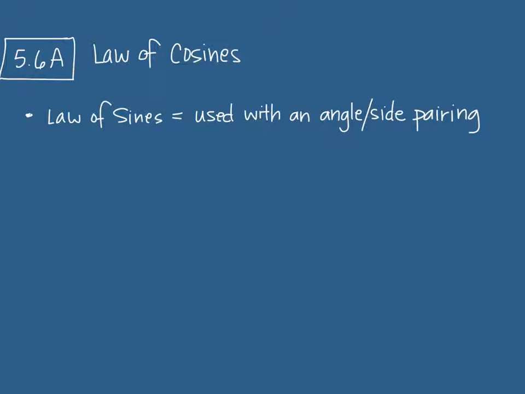So we need a second law to help us out for the times where we don't have an angle-side pairing. There is a law of tangents too, but we're not going to learn it in this class.